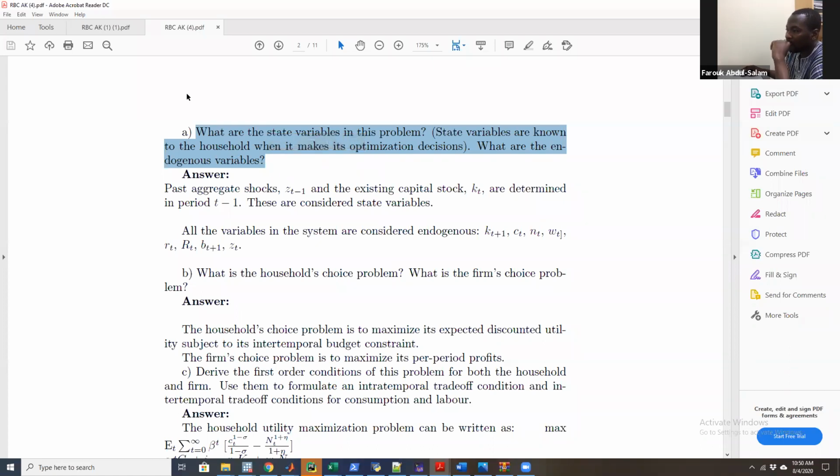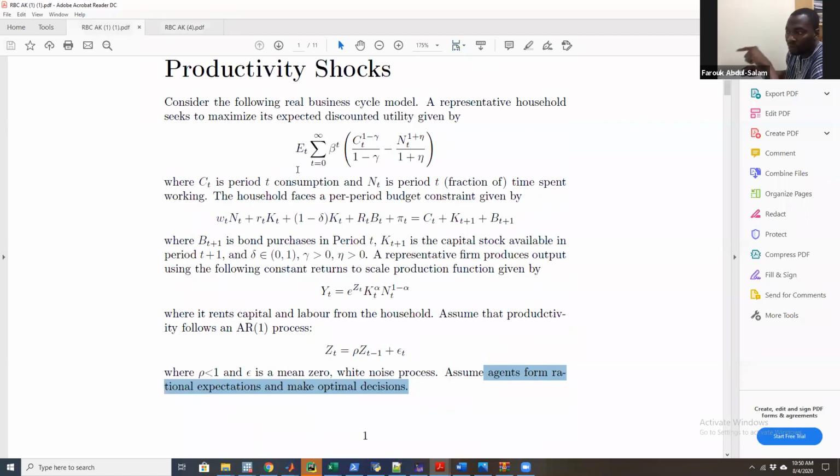Now, within this setup, there are one or two things that are already determined within the model. An example is the amount of capital that I have for today. No matter what happens, this capital level is already determined. I don't have any control over it. That was the example John gave to the class when I asked why does KT remain the same regardless of the shock.